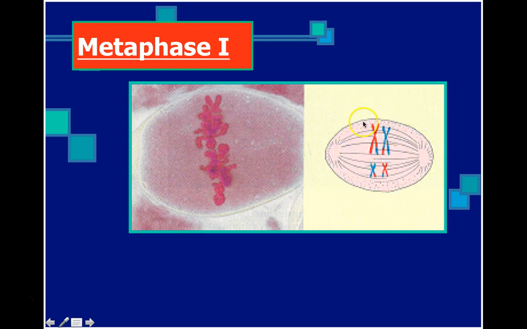So this right here is a homologous pair. This right here is a homologous pair. Notice crossing over has already occurred because we have a little bit of the blue on the red and the red on the blue, and vice versa. So it's the same concept of metaphase, lining up in the middle. The difference now is just a different term, saying that homologous chromosomes have lined up versus just chromosomes.